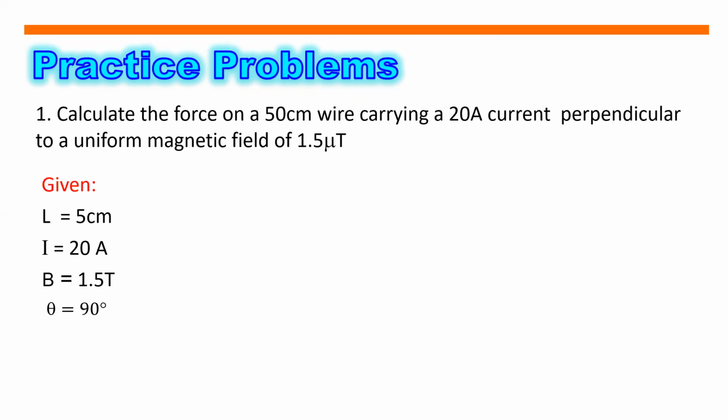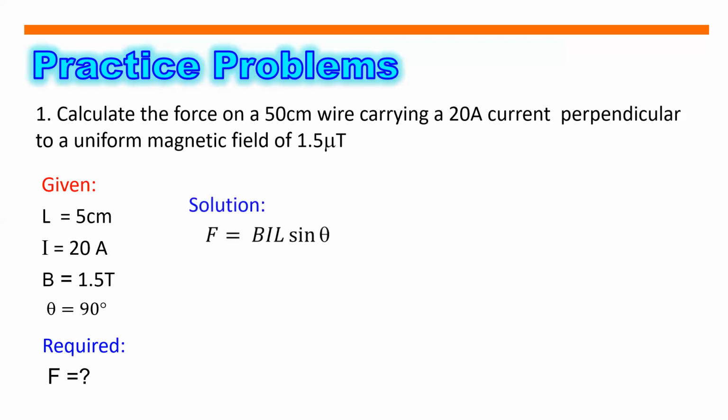The value of our magnetic field is 1.5 micro Tesla. And theta is, since this is perpendicular, 90 degrees. We are asked to solve for the magnetic force.